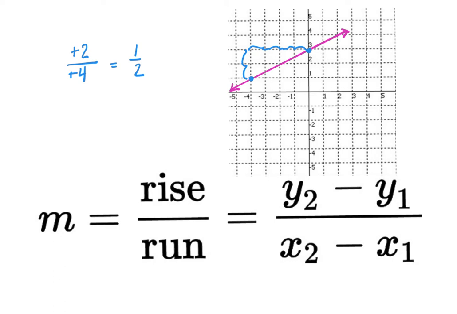What matters is that you keep them in the same order, meaning the two on top of each other must be from a point that is together, an x, y, and these two must be in the same group. But it doesn't matter if you flip-flop the groups themselves. You'll still get the same slope. So on your review sheet, you'll see 11 through 14. They just give you 2 points and say, hey, find the slope. You will use this formula to find it. You'll just subtract your y's, subtract your x's.